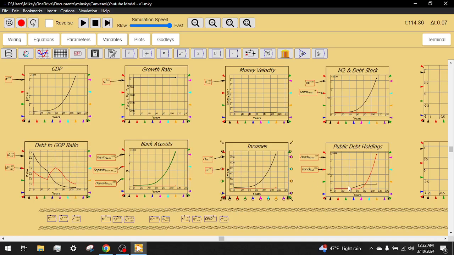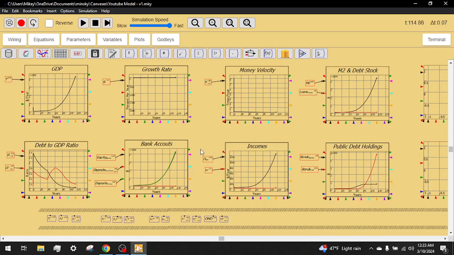Moreover, the Fed can purchase all those bonds, but because those bonds are interest producing assets of the banks, that's really taking away interest income from the banking sector. So the effect is more pronounced in these debt ratios, in the public debt holdings.